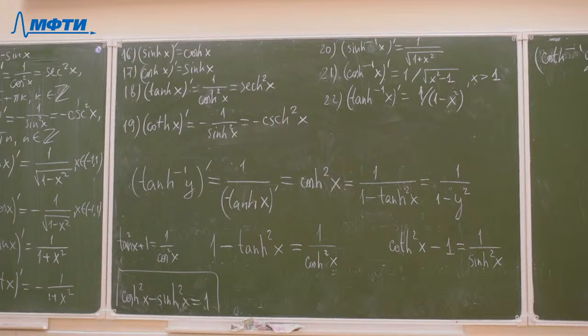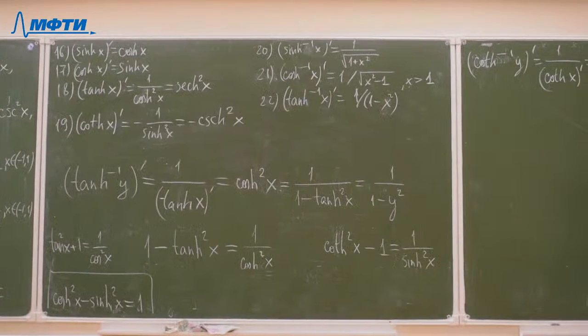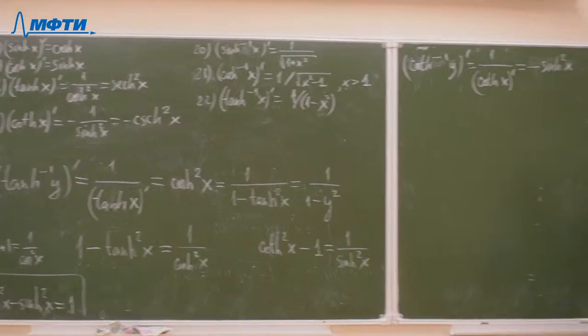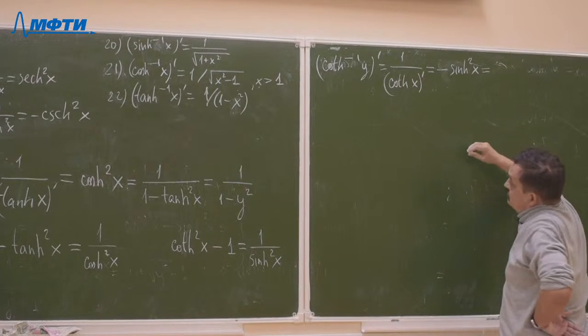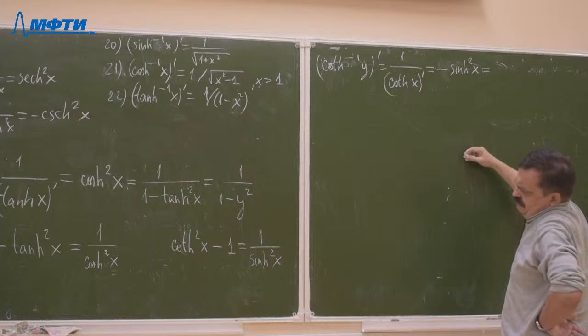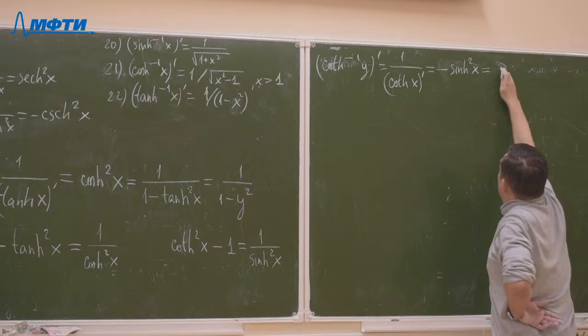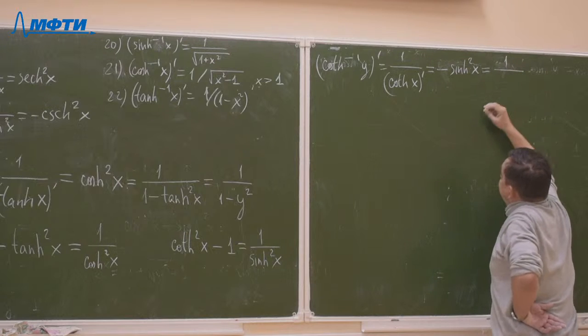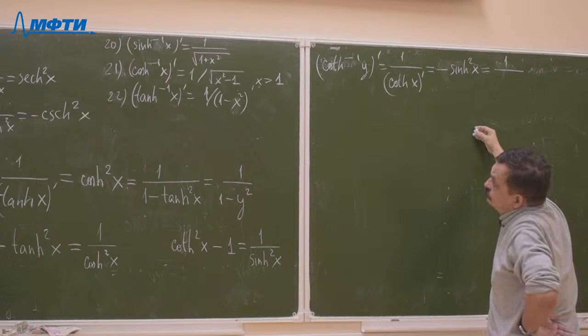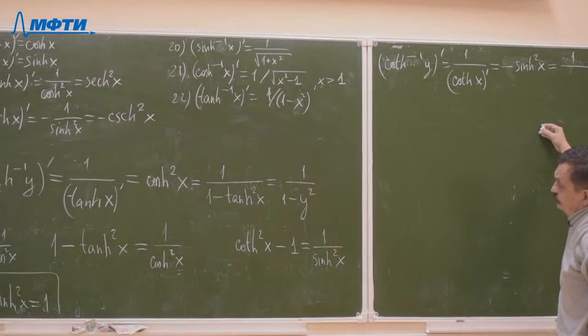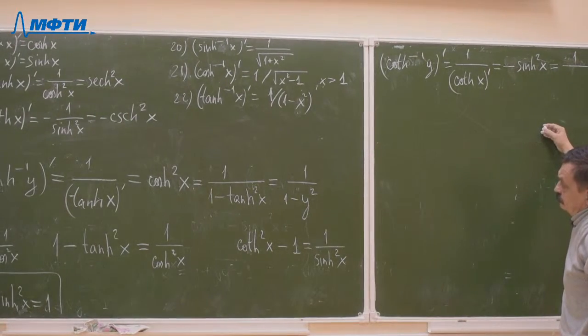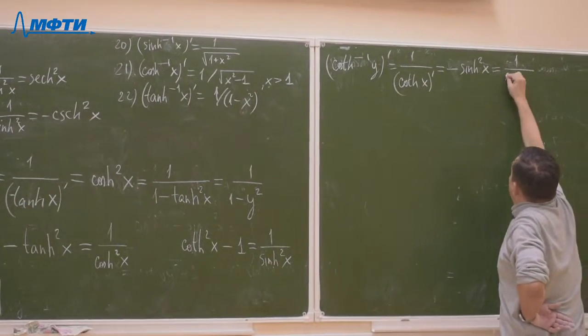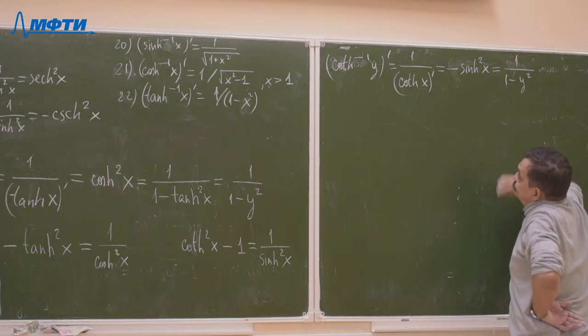So it gives the same expression: minus 1 over 1 minus y squared.